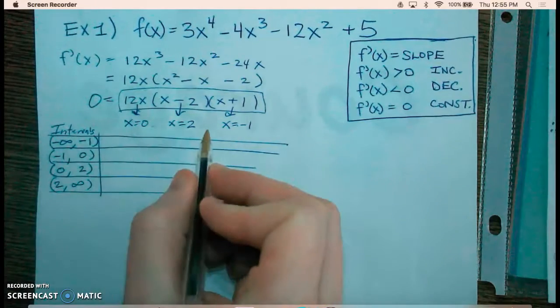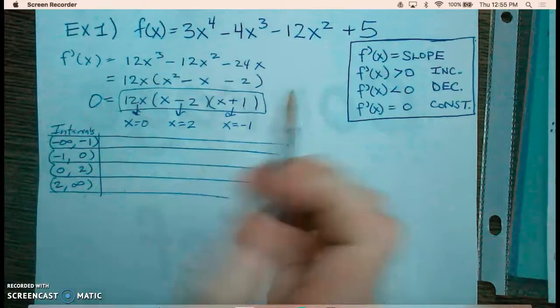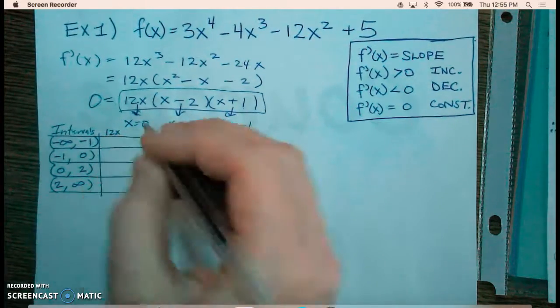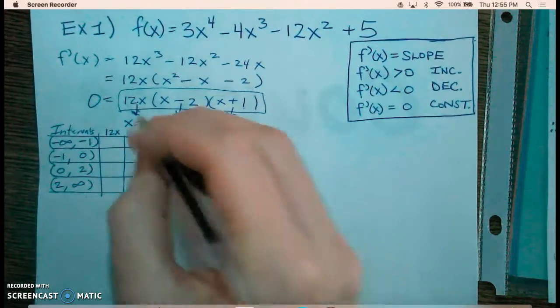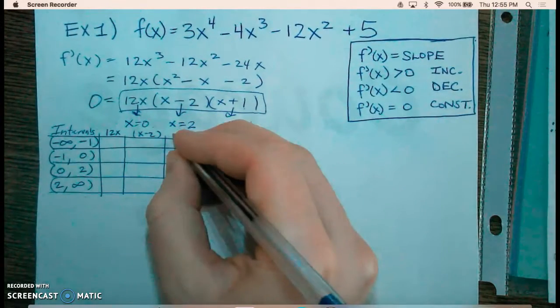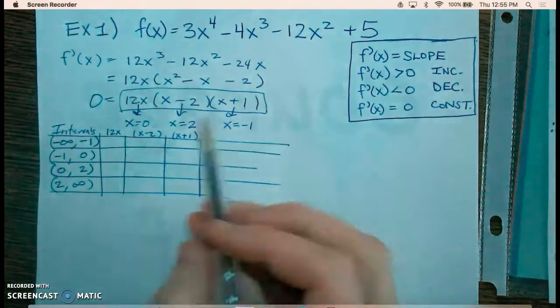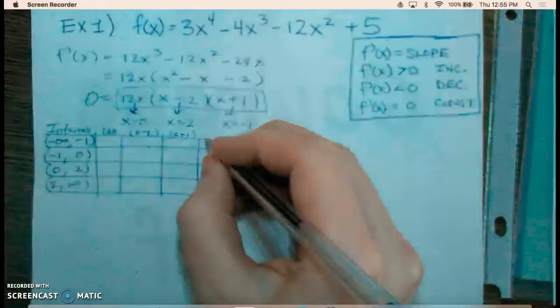And here for the columns, we're going to put our factors of the derivative. So we've got 12x, x minus 2, and x plus 1. And then what we're going to do is multiply them together to make f prime.